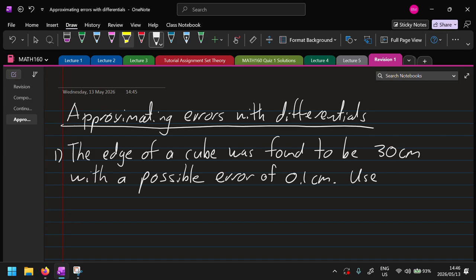Right. The word problems, it's always something like this. You've got some measurement, some error. We want to estimate the other error. Use differentials to estimate the error in calculating the surface area.